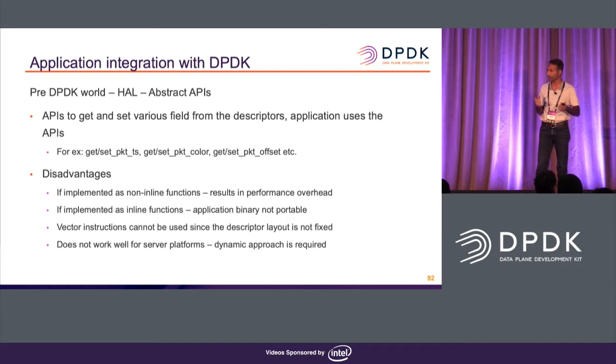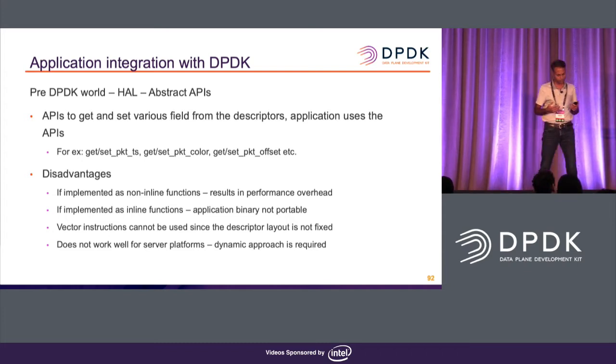So what happens if they are implemented as inline functions? Now you get the performance, but your application is not binary portable. You have a SoC based on the same CPU architecture, but your hardware accelerators are different, with different descriptor formats. Because you implemented those as inline functions, you cannot take that binary and run it on another ARM-based SoC.